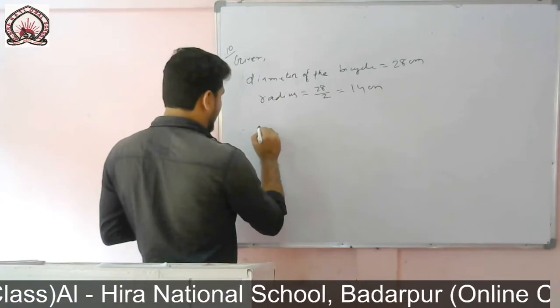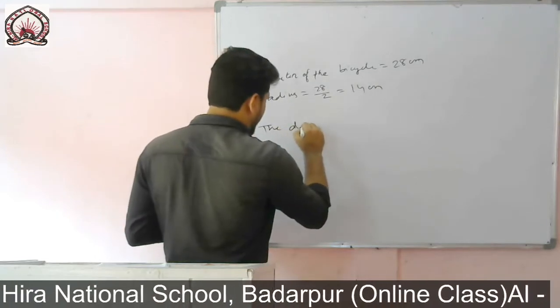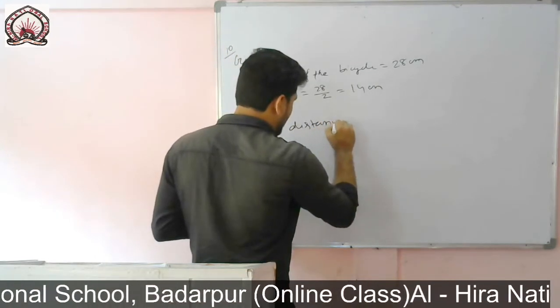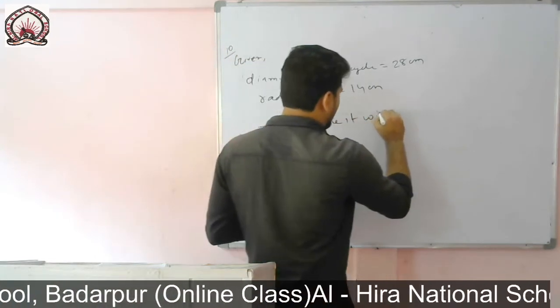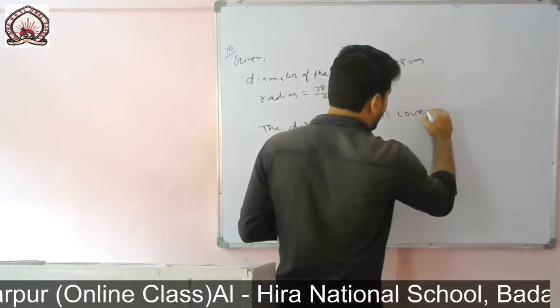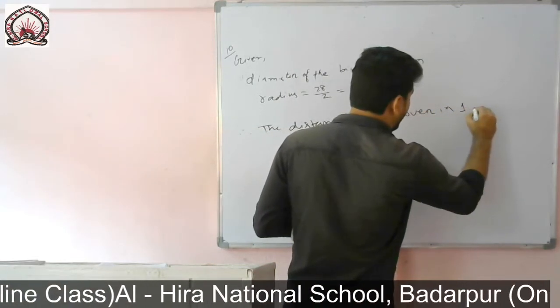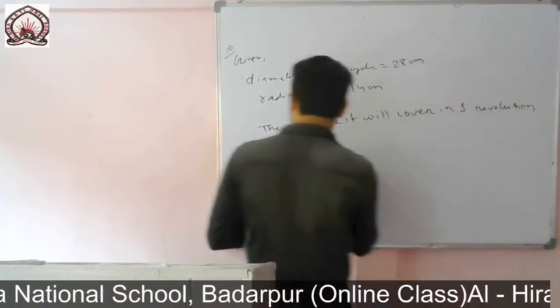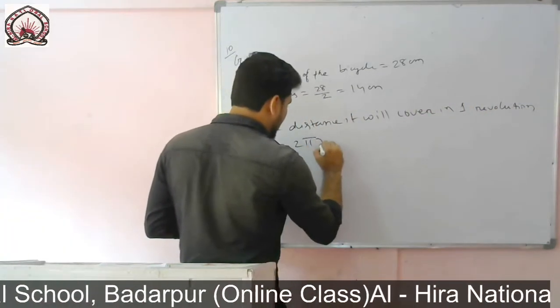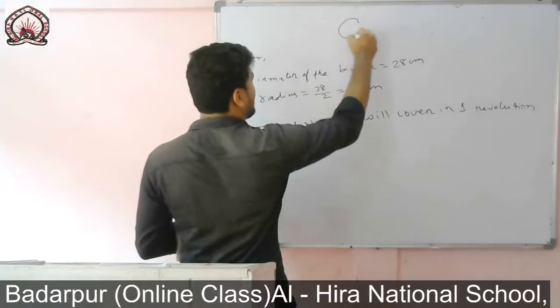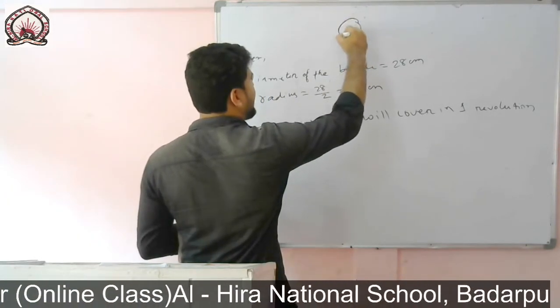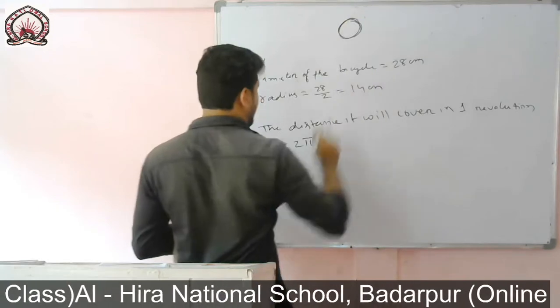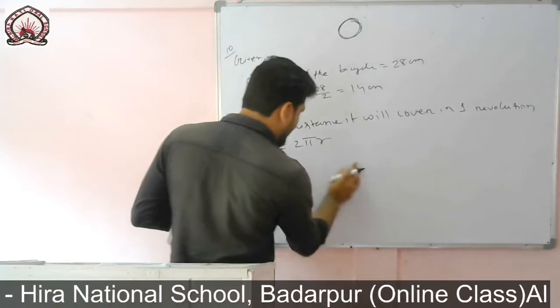Therefore the distance it will cover in one revolution equals 2 pi r, because it's a circular shape. If you find the circumference, then you will get the perimeter.